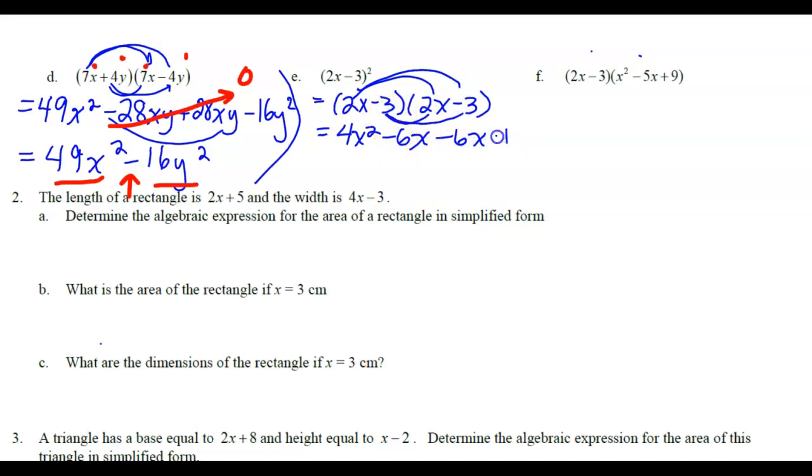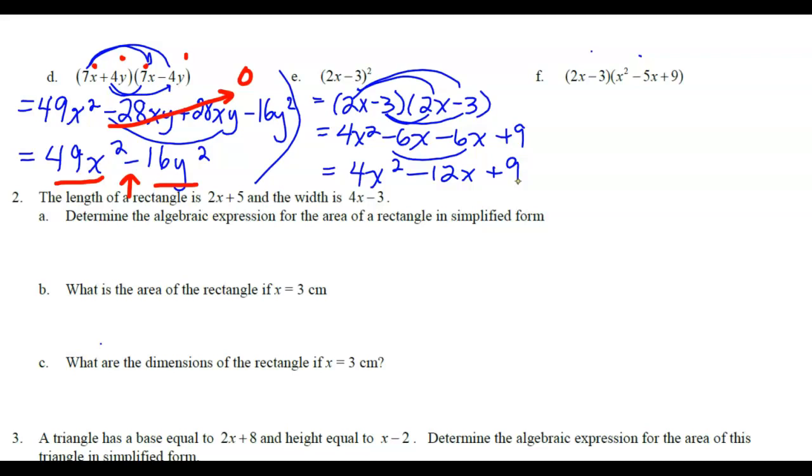And then plus 9. So those like terms end up being minus 12x. So you get 3 terms when you square a binomial. Always. You only get 2 terms if it's a difference of squares.